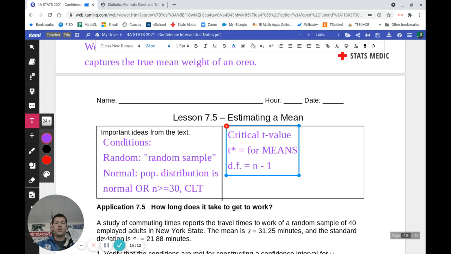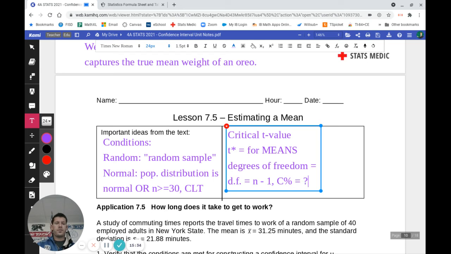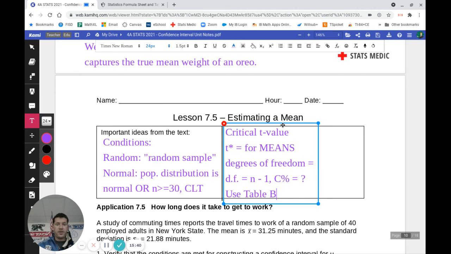We need degrees of freedom, which is df is n minus 1. We need the confidence level. And then we'll use table B to figure out that critical t value.